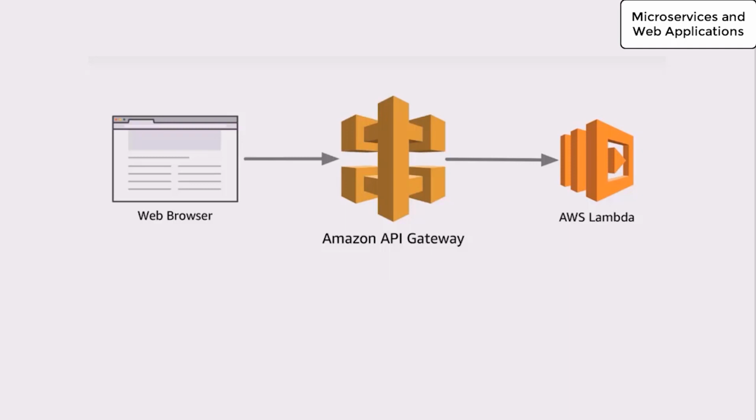So it can serve a lot of purposes. So instead of directly sending the request to your Lambda function or your EC2 instances or anywhere, it's always preferable to use Amazon API Gateway for security purposes.